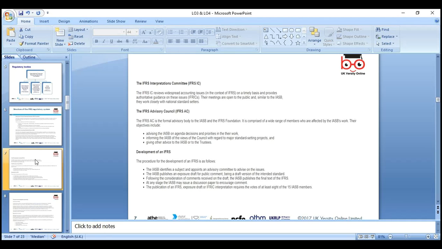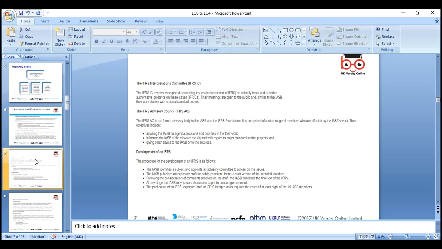Then we have the International Financial Reporting Interpretation Committee, IC. For widespread accounting issues, on a timely basis, they provide authoritative guidance, and the meetings are open to the public.